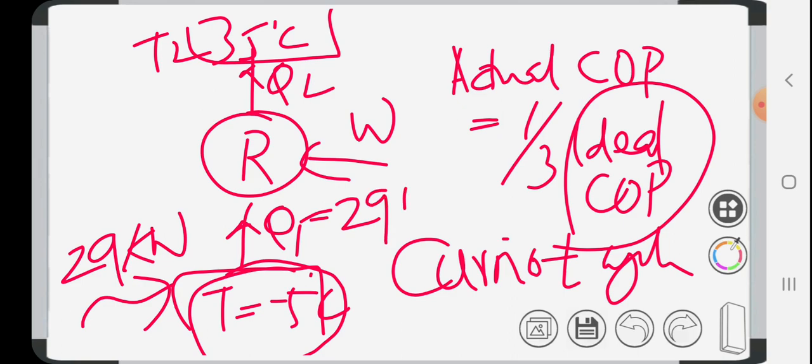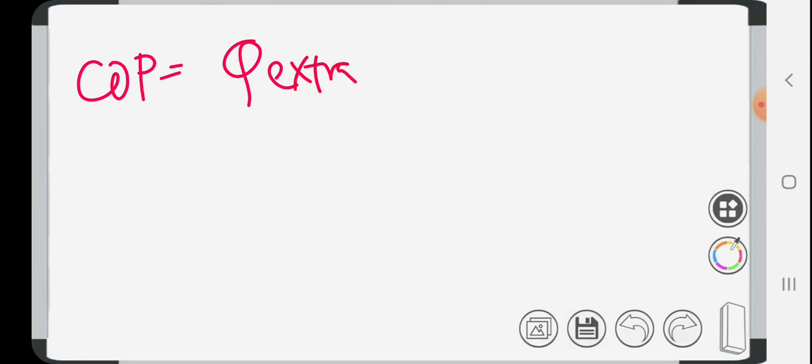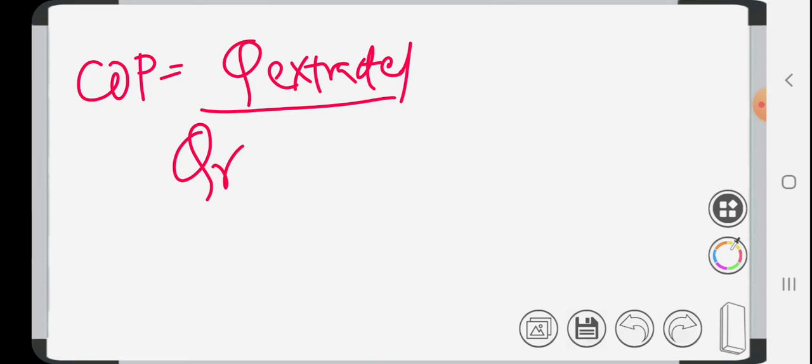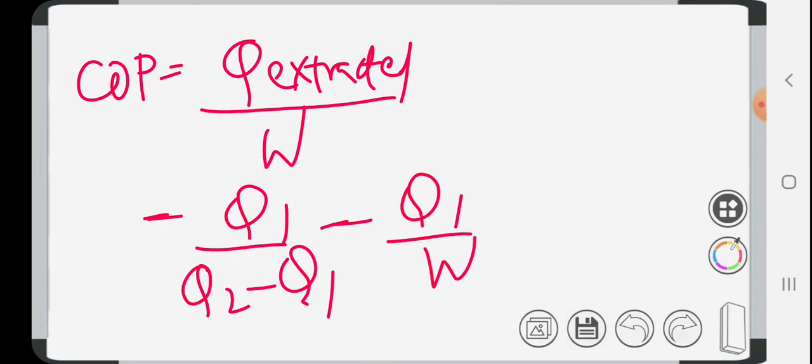So Q1 will be 29 kilowatts. Whenever 29 kilowatts of heat is leaking into the system, we have to extract 29 kilowatts using a refrigerator. So students, COP is nothing but Q extracted by W, or Q1 by (Q2 minus Q1), or Q1 by W. W is nothing but Q2 minus Q1.